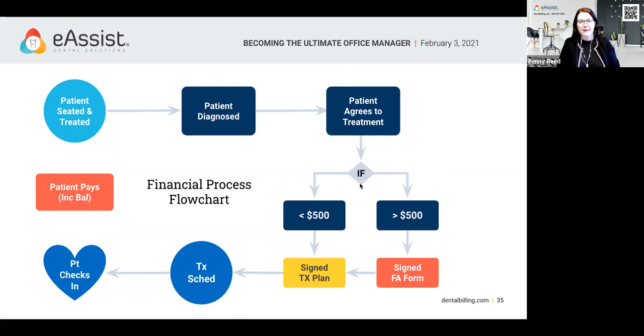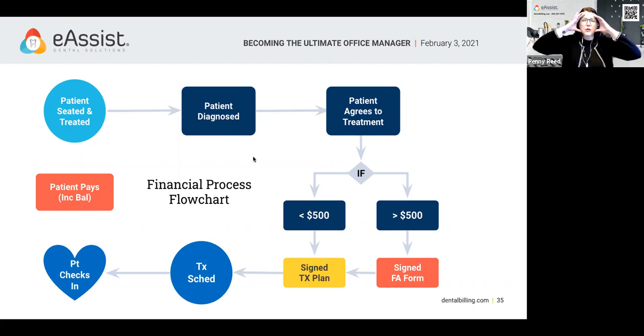All right. If it's less than $500, they just sign the treatment plan acknowledging, hey, I understand what it is that we're doing. If it's greater than $500, they're signing a financial agreement form and the treatment plan, right? Then we can proceed with the treatment, getting it scheduled. Then the patient checks in, patient pays, including any previous balances that they may have. And then it can sort of flow in a circle.